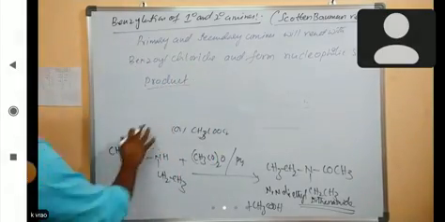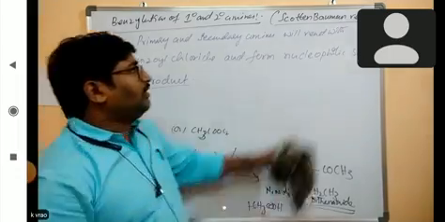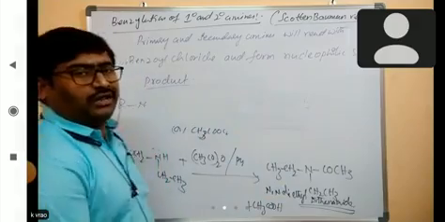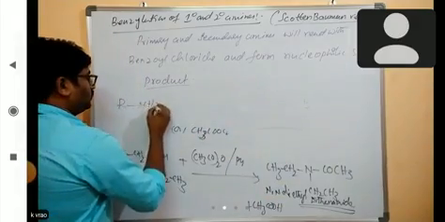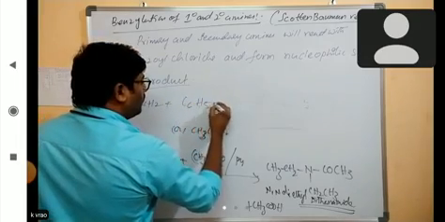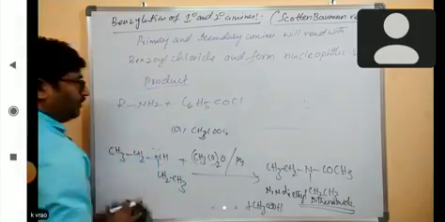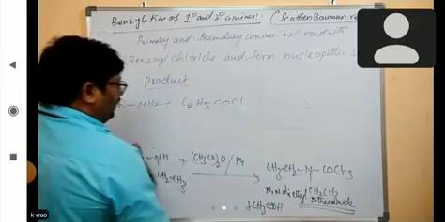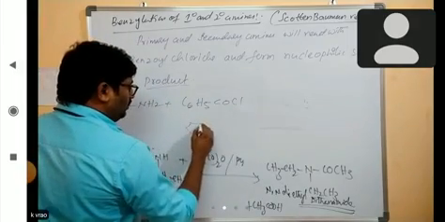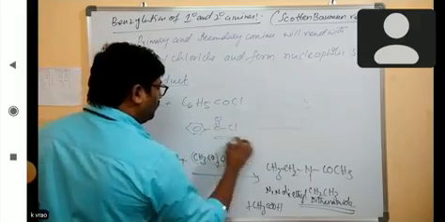See here, this reaction is called the Schotten-Baumann reaction. RNH2 plus C6H5COCl. This is called benzoyl chloride, C6H5COCl. We can also write it like this, C6H5 C double bond O Cl.